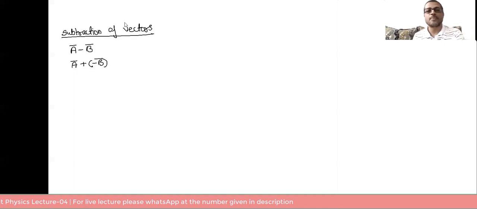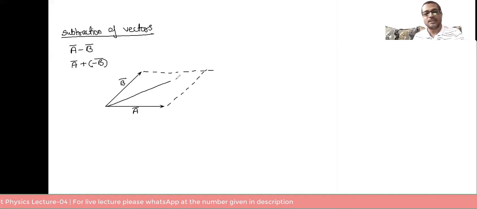Let us see that. Suppose this is one vector A and this is one vector B. If you complete the parallelogram here itself like this, then the resultant that you get, will it be A minus B? No chance, right? That is A plus B. So what is it that you have to do first?